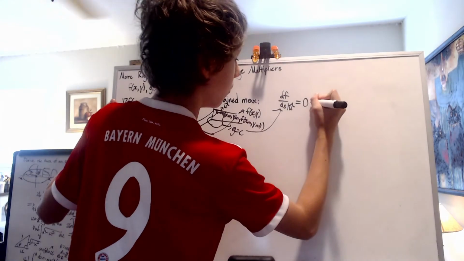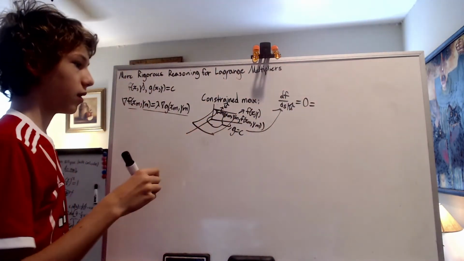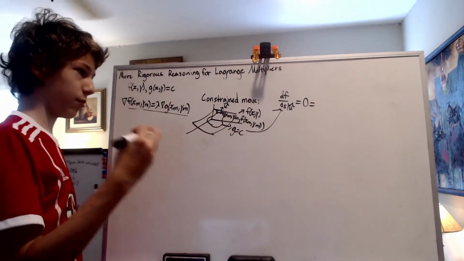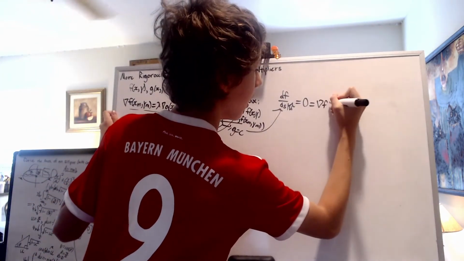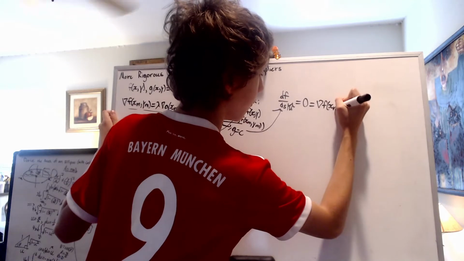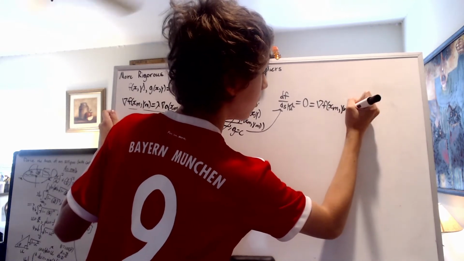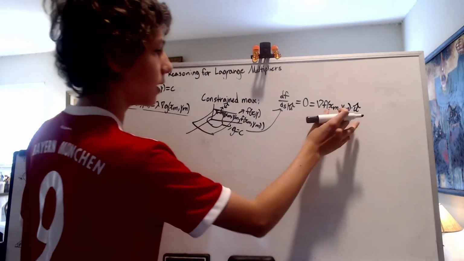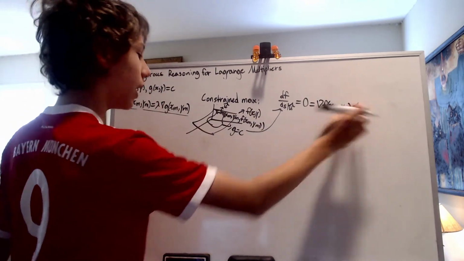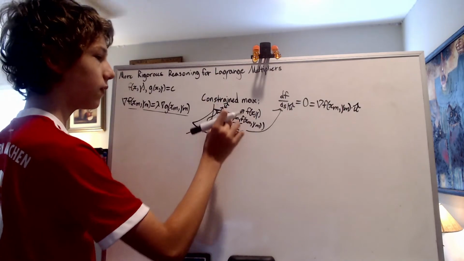Okay, well, by our formula that we derived in one of the previous videos, this is going to be equal to the gradient of f at xm, ym dotted with u hat. But that tells us that these are perpendicular, and u hat is tangent to our level set here.